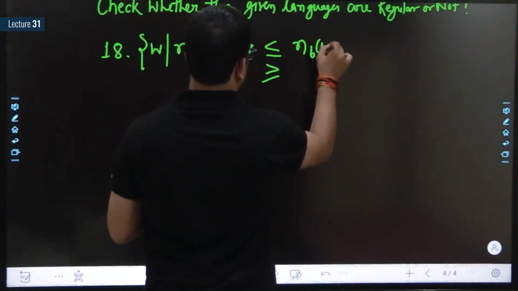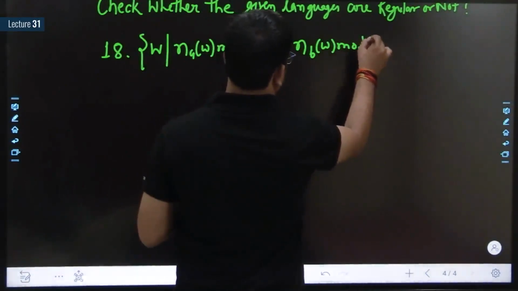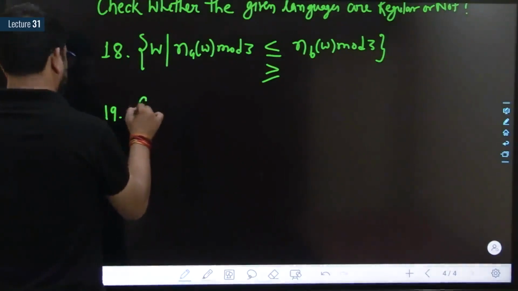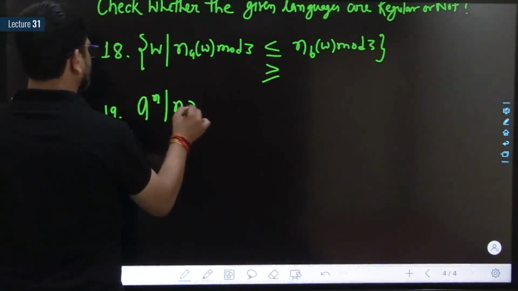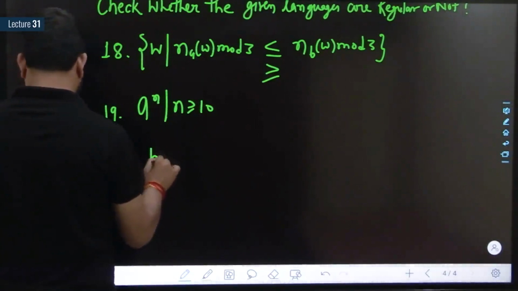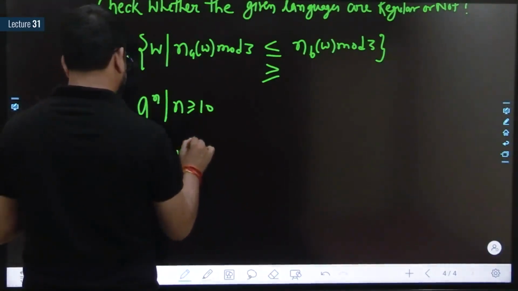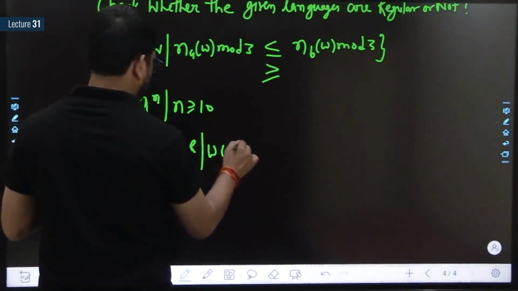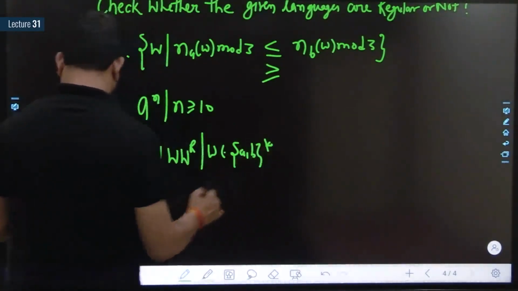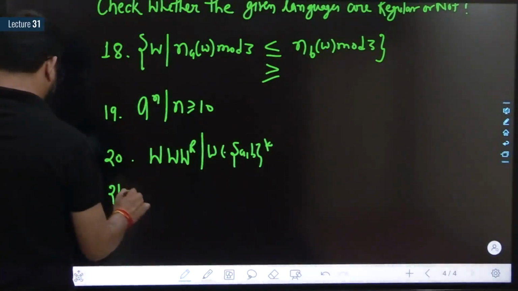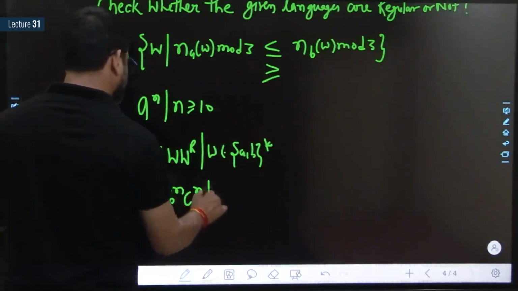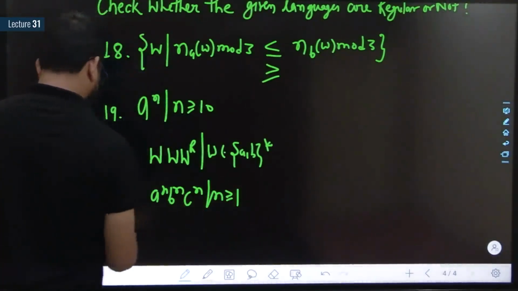The number of b's in W mod 3. a^n where n is greater than or equal to 10. W^R, where W belongs to any number of a's and b's including epsilon. 21: a^n b^n c^n such that n is greater than or equal to 1.